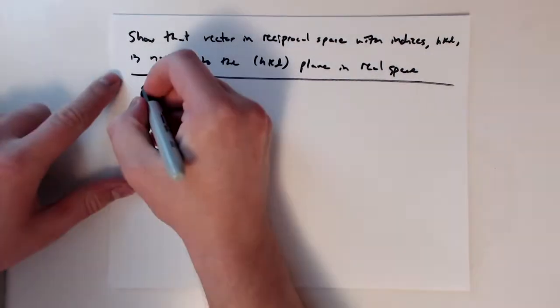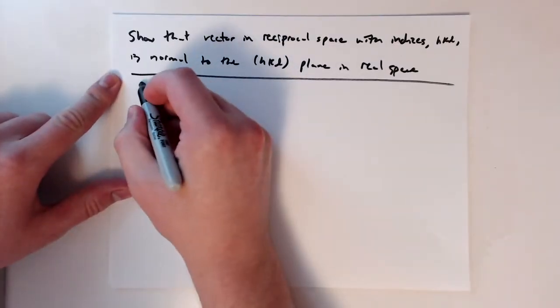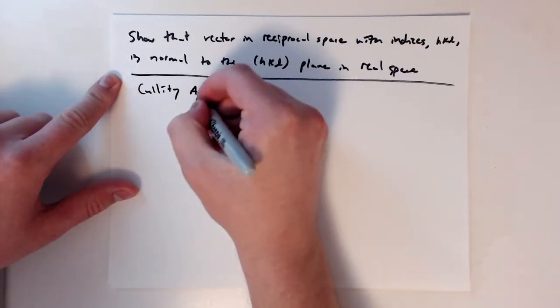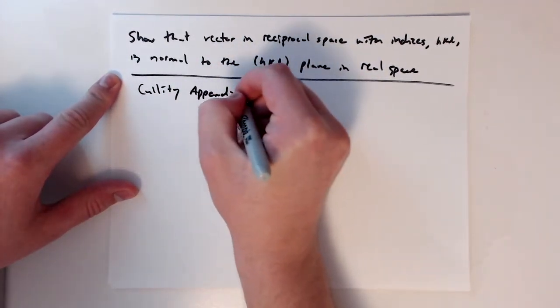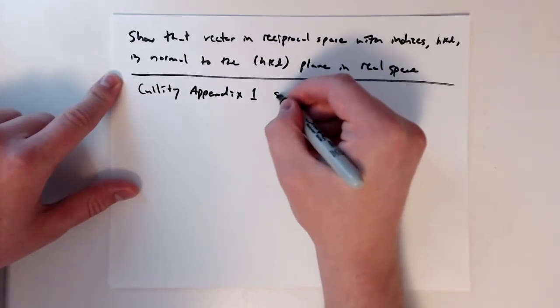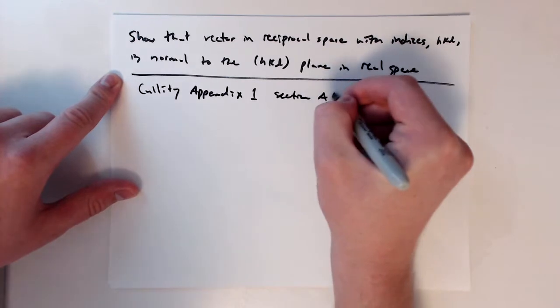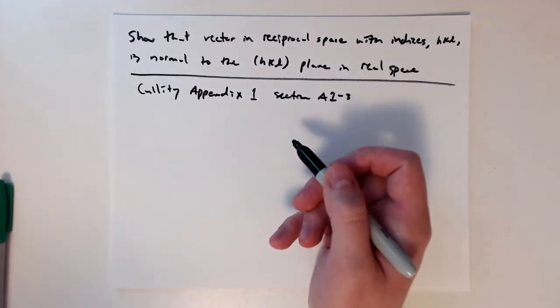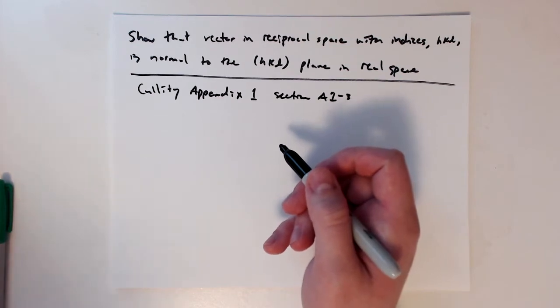And if you want to know where this content is coming from, it is coming from the Callister resource, Appendix 1, section A1-3. So that's if you want to look up additionally where this is from.